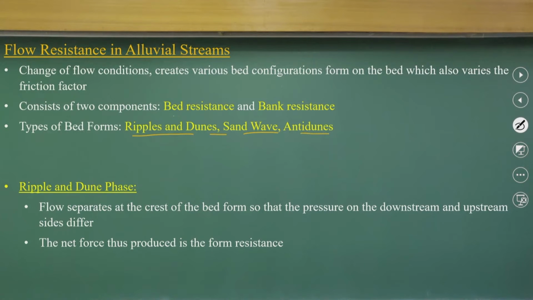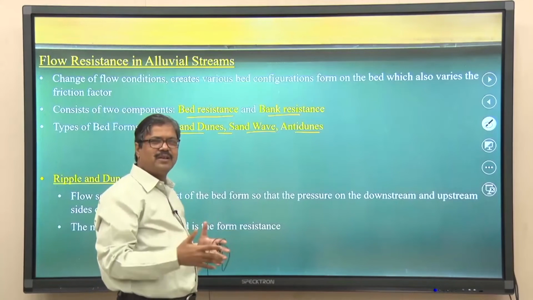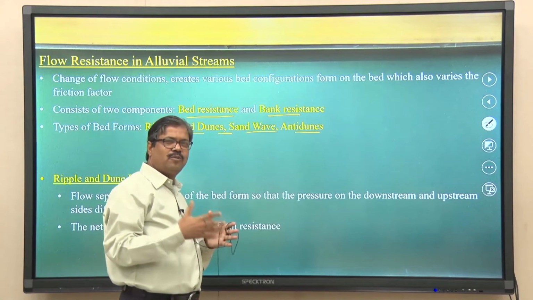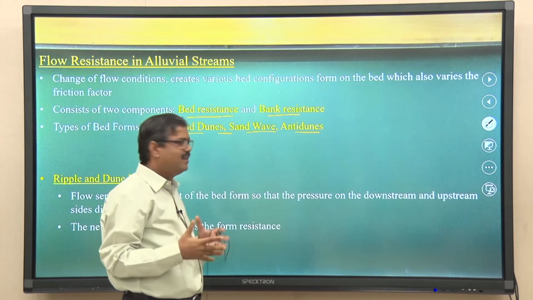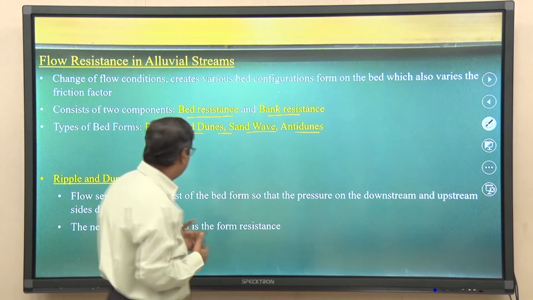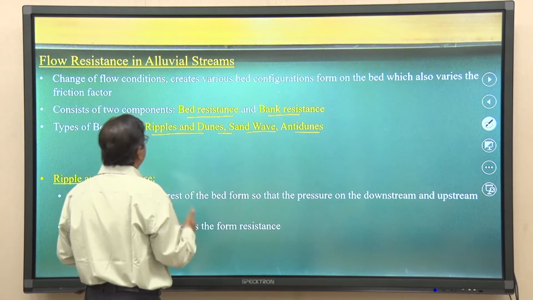We need to look at the bed resistance and the bank resistance, because most of the time the river is much wider. So, the bank resistance we neglect and we focus on the bed resistance.